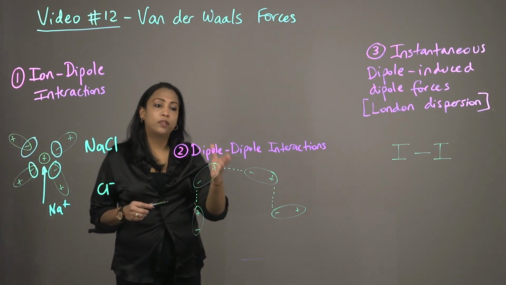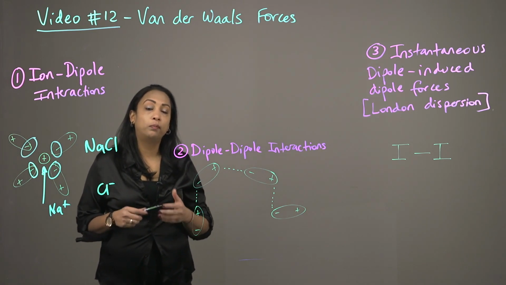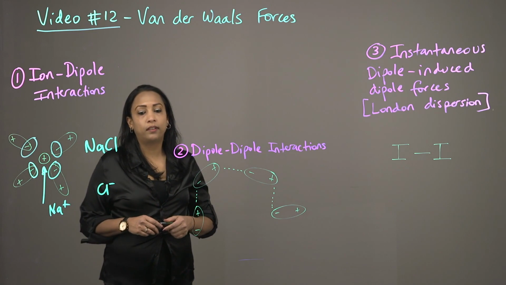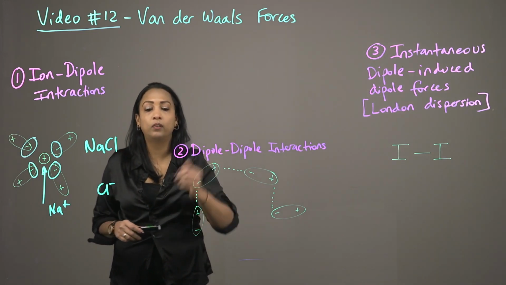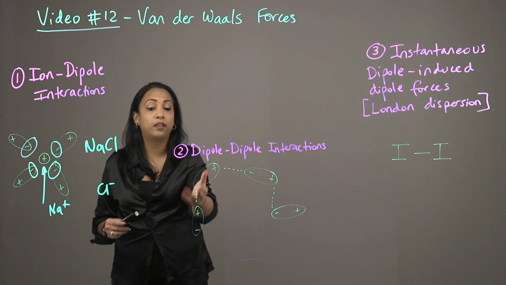Now, a dipole-dipole interaction is going to occur between neutral polar molecules. The polar molecules attract one another when the partial positive charge on one molecule is near to the partial negative charge on another molecule.